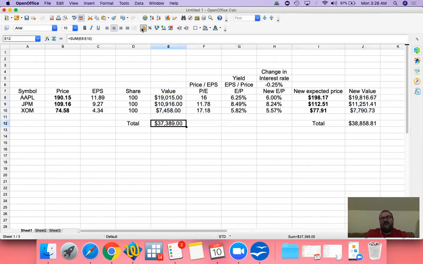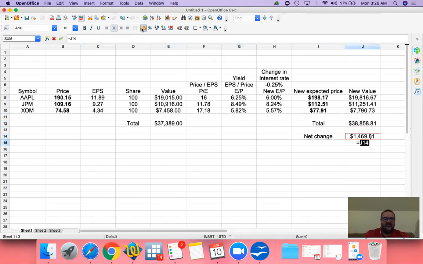So the impact of this rate cut on our portfolio is that portfolio value went from 37,389 to 38,858. So we have a net increase of $1,469.81. That's a net change.